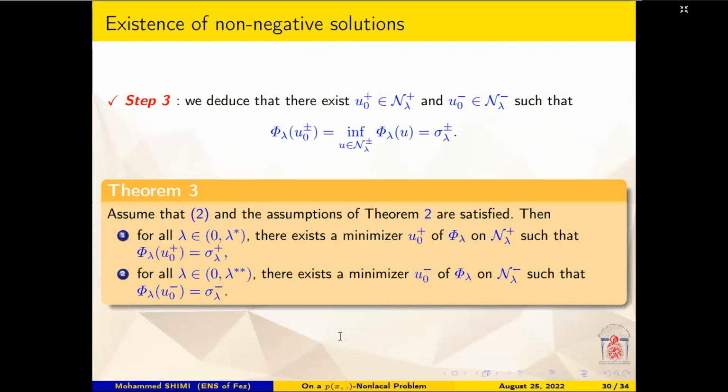Then in the third step, we deduce the existence of u0 plus belonging to N lambda plus, and u0 minus belonging to N lambda minus, such that phi lambda of u0 plus or minus equals the infimum of phi lambda on N lambda plus or minus.